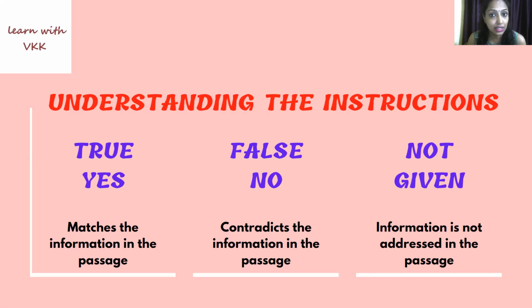And if it contradicts, then it is a false or a no. Perhaps you try to figure it out and you are unable to find such information, or maybe the writer doesn't say anything about it. And that, my friend, is a not given statement. So we'll practice this with some examples.